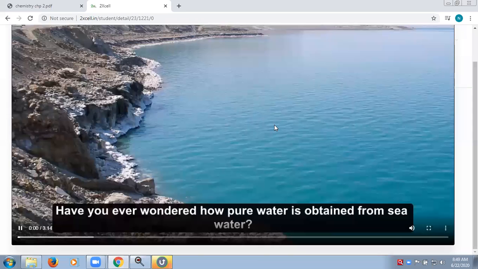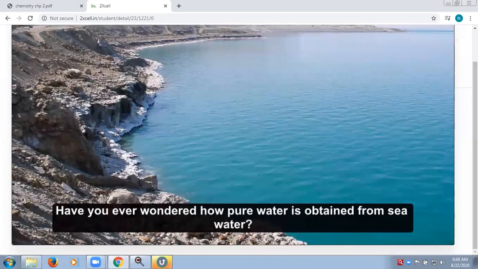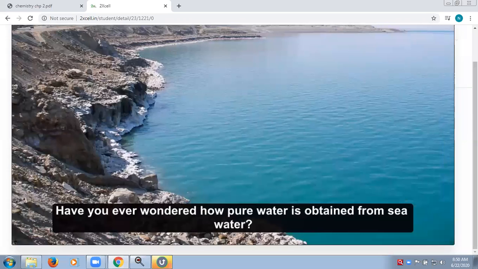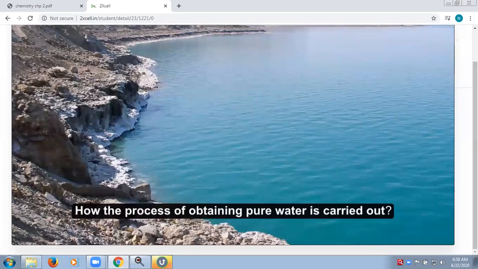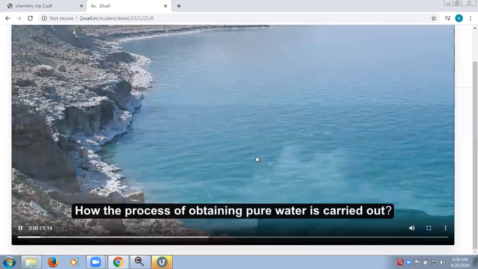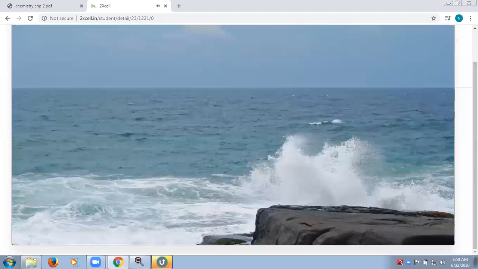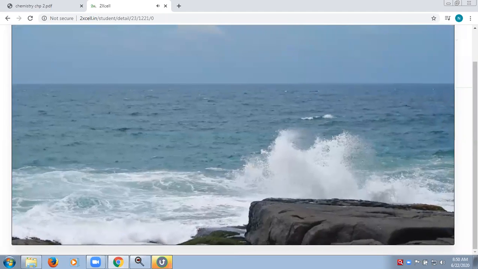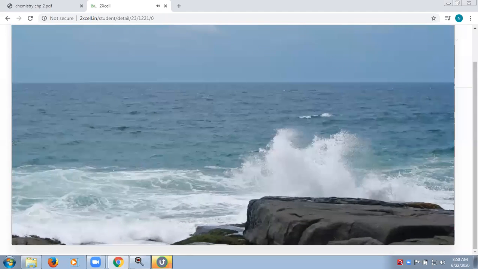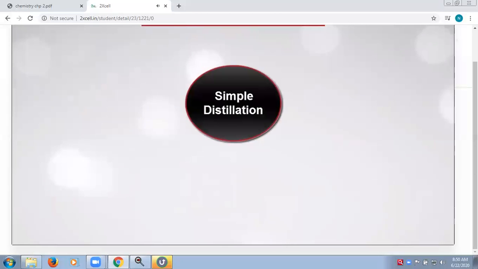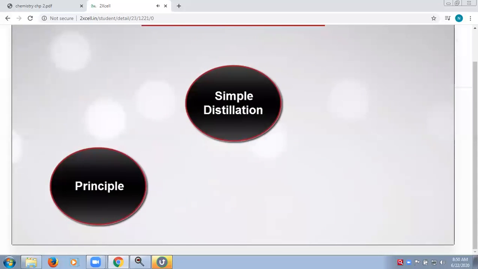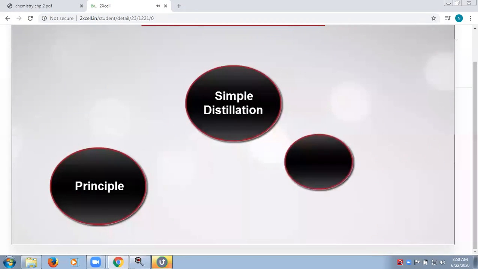Have you ever wondered how pure water is obtained from seawater? How the process of obtaining pure water is carried out? Let us study this module to learn about the technique used for separating water from salt solution. In this module, we will learn about simple distillation, its principle and process.